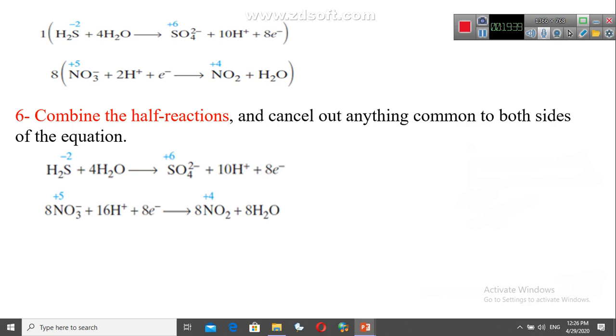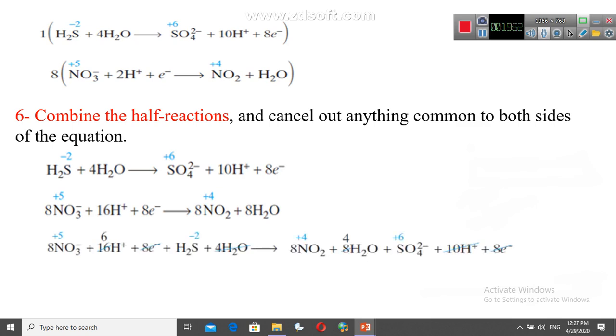After we write these two half equations, cancel out anything common in both sides of the equation. After multiplying the numbers, cancel out any common ion in both sides of the equation.